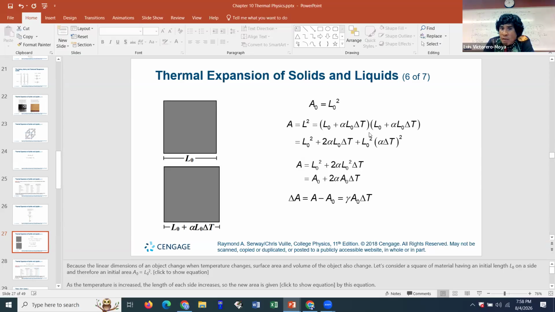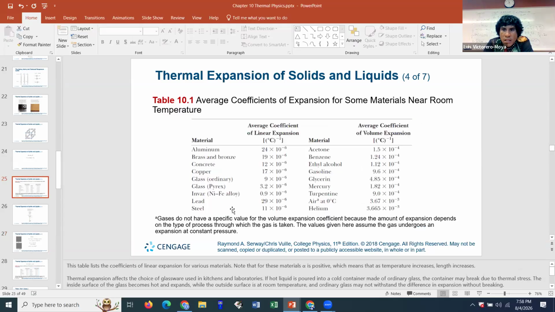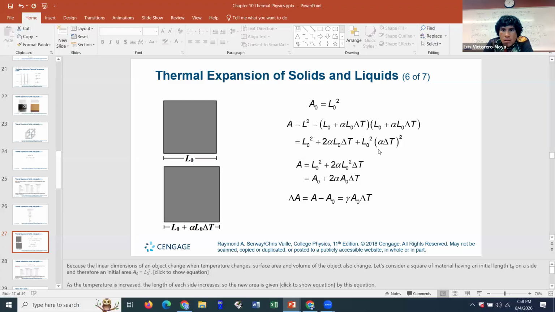They both increase. If you multiply the polynomials of these expressions, you get this. Now, alpha and delta T, especially alphas, are very small. So if you square the coefficients, this is going to be very close to 0. So you can remove this and stick with this. All right.